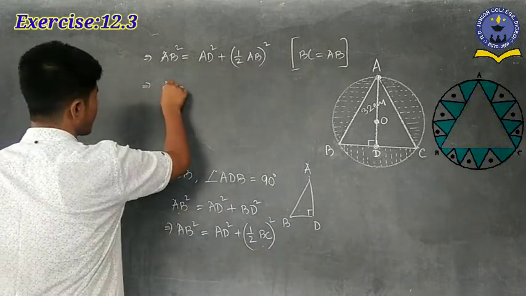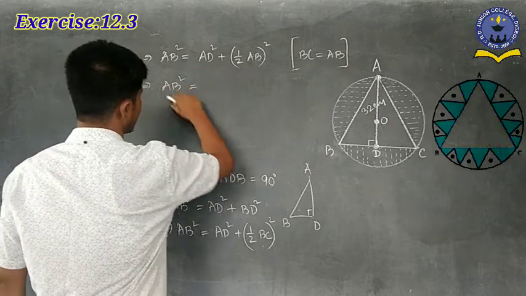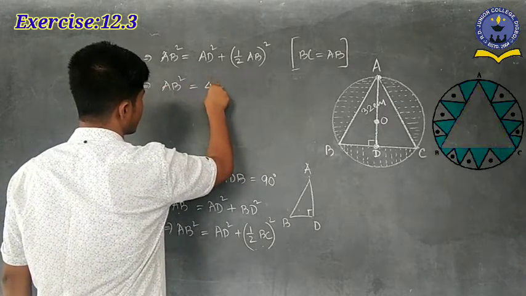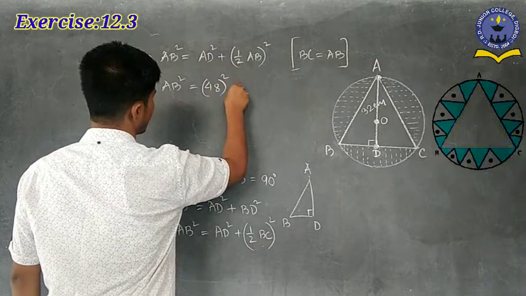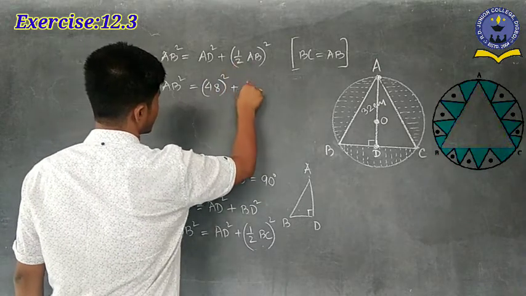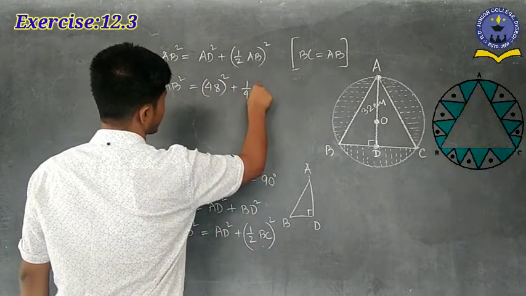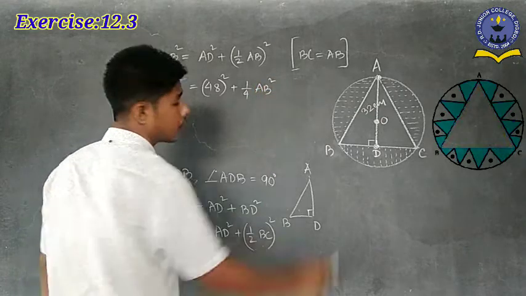So this one we write AB square, and this one is here AD square, means how much? 48. So 48 square plus 1 by 2, means this one we write 1 by 4, and this one we write here AB square.